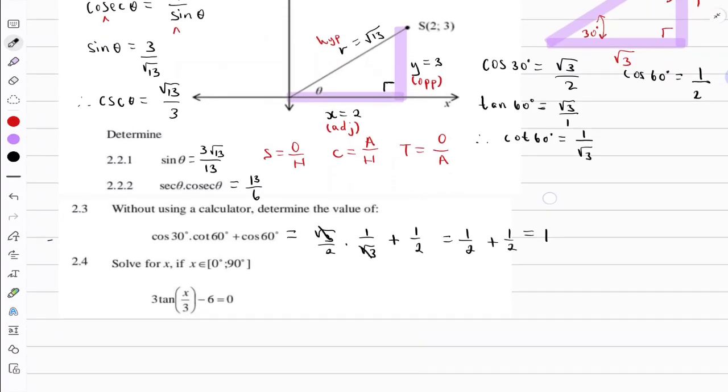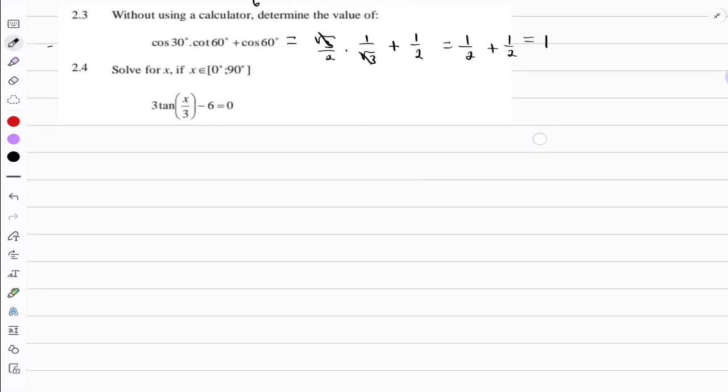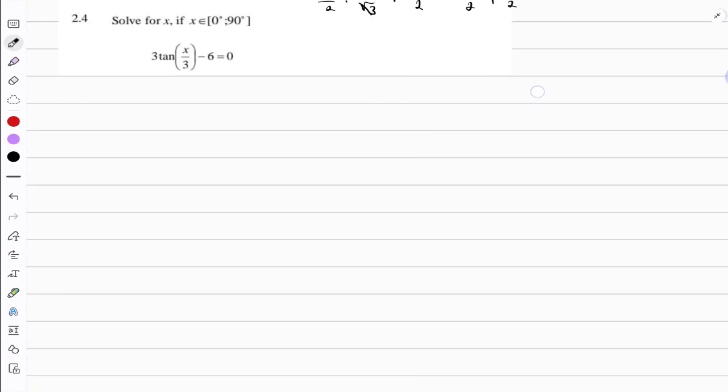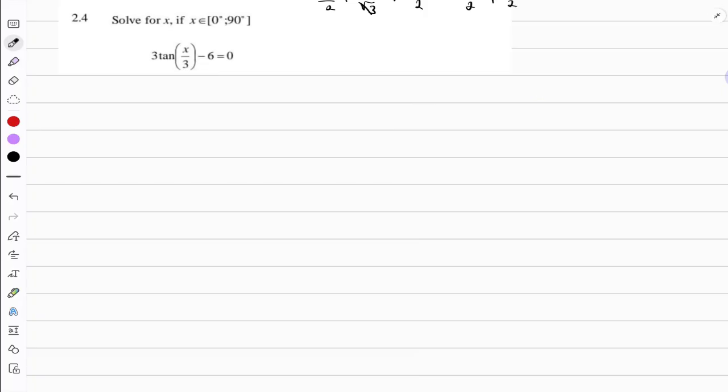And in 2.4, they ask us to solve for x for the trigonometric equation. So we can write this as 3, but then they give us a restriction. They say x has to be between 0 and 90 degrees, with 0 and 90 degrees included.